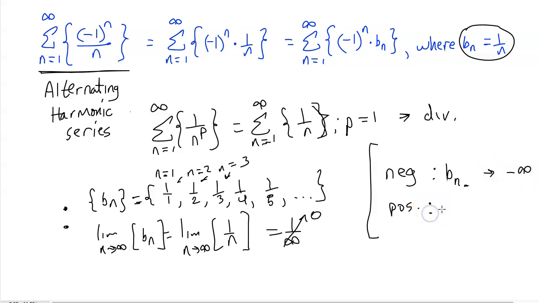If we took all the positive terms in that series, which I'm going to call b sub n plus, and we added those up, they would be approaching positive infinity. And if we combined these two together, then theoretically speaking, we'd be adding a negative infinity to a positive infinity. Technically in terms of limits, you can't really do this.